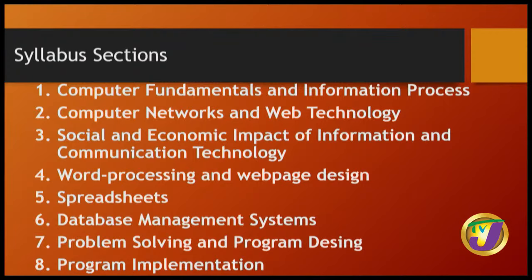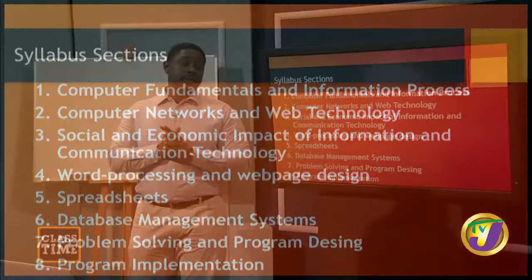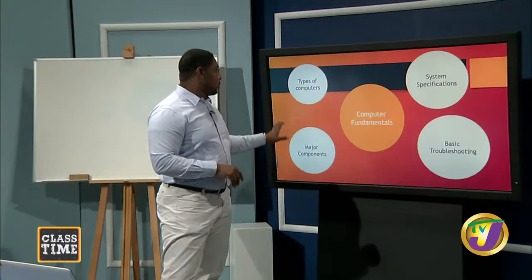You might hear the two terms being used interchangeably some of the time, because there's been an expansion. So we talk about information and communication when we talk about computers and computer technology. Then we look at word processing and web page design, spreadsheet, database management system, problem solving and program design, and program implementation. So these are the basic topics of your syllabus.